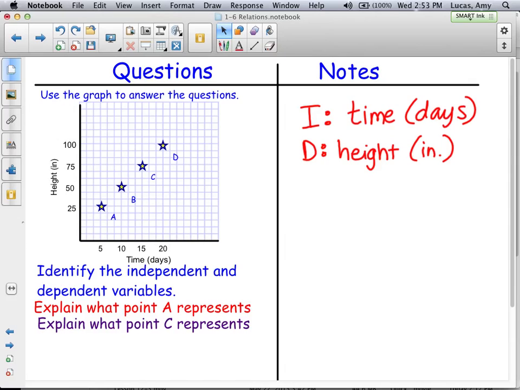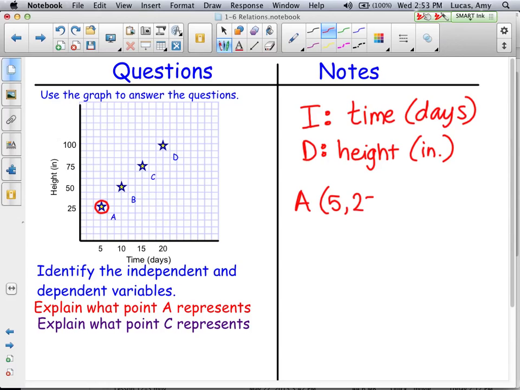Next it says explain what point A represents. So point A is the star right here. Now if I look at what it represents, I see that the ordered pair for A would be 5 and then 25. So A is represented by 5, 25. Well, that 5 is days. So point A means we've got 5 days and we've got 25 inches.